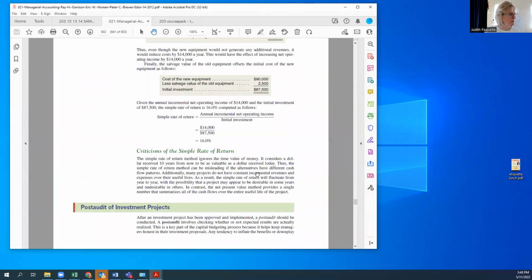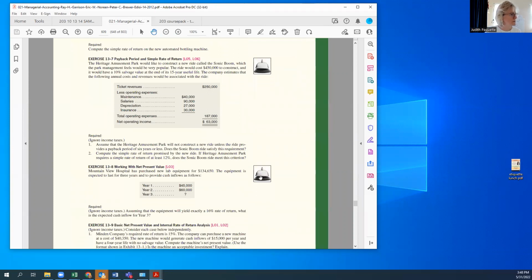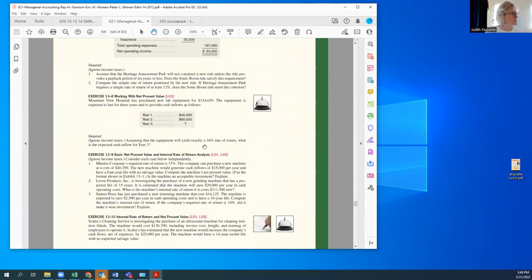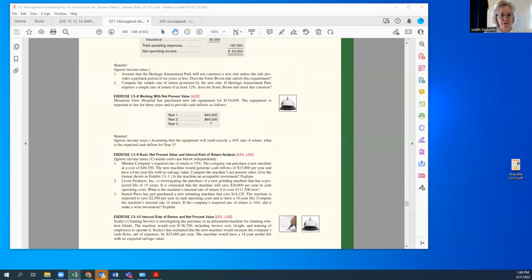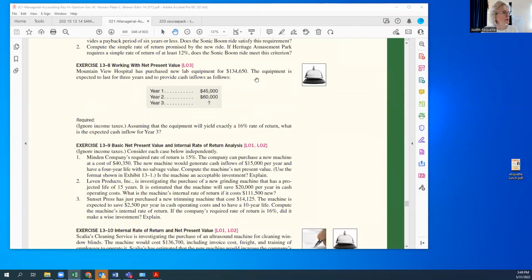Ignore cash flows. Okay, so here's, can you see it? Mountain View's purchased new lab equipment for 134. That's a cash outflow. Equipment is expected to last for 3 years and to provide cash inflows as follows. Assuming the equipment will yield exactly a 16% rate of return, what is the expected cash inflow for year 3?